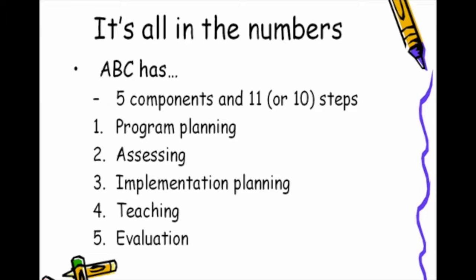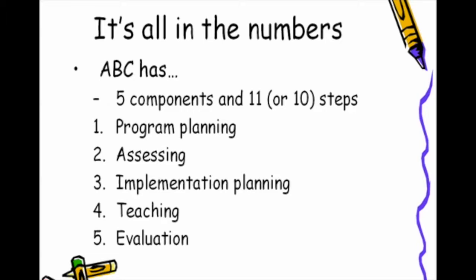Now these 5 components are linked to one another, or they are interdependent components. On page 67 of the book, they have a nice diagram, or figure, that shows how each one of these components is linked with one another.